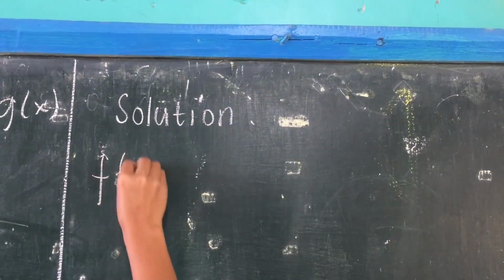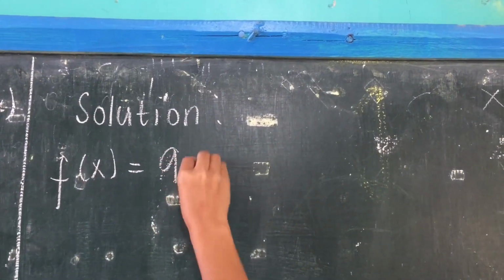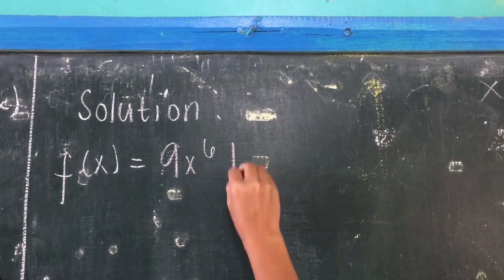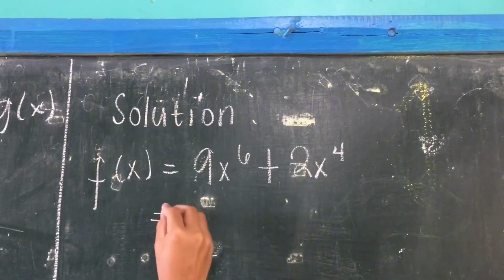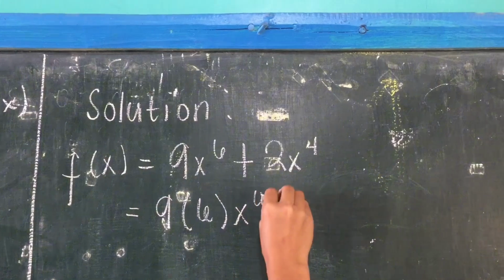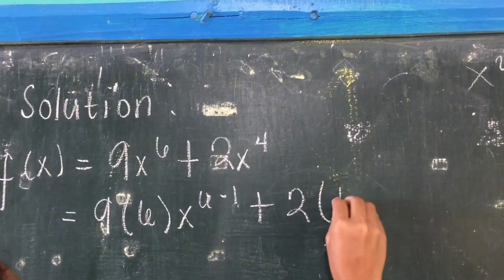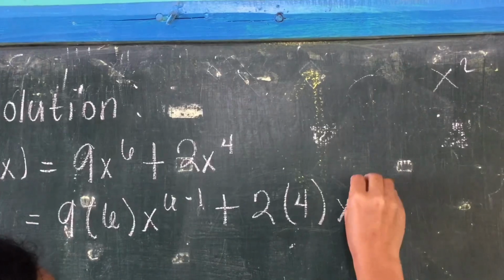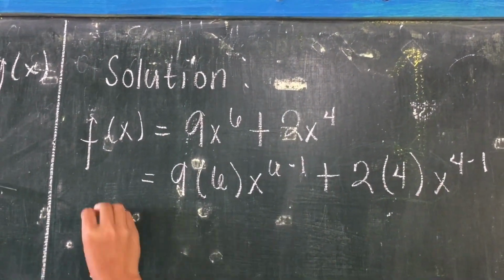First, let's do f of x. Our f of x is 9x to the power of 6 plus 2x to the power of 4. Next, we multiply: 9 times 6x to the power of 6 minus 1 plus 2 times 4x to the power of 4 minus 1.